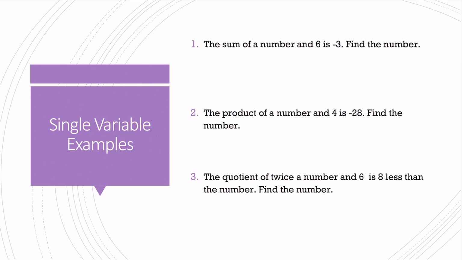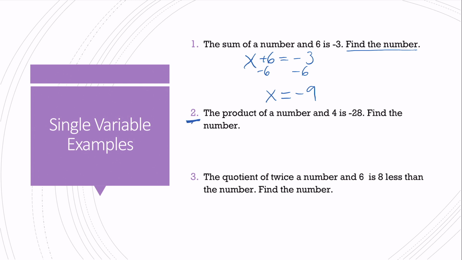So here we have some more single variable examples, and now it's asking us to solve them, to find the number. So the sum of a number and 6 is negative 3. Find the number. So if I have x plus 6 is negative 3, I can subtract 6 from both sides to see that, oh yeah, that number is negative 9.